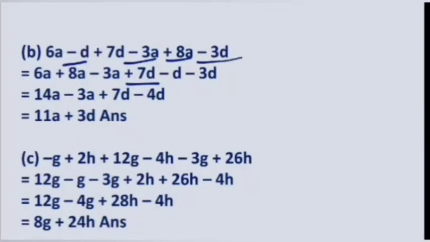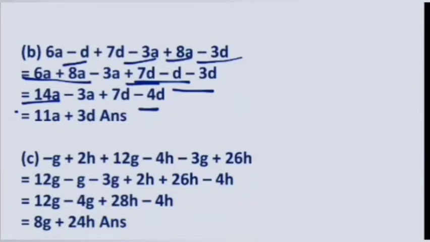So little by little, we have 6a plus 8a to give us 14a. Then we also have 7d minus d, then minus 3d. So minus d minus 3d gives us minus 4d.